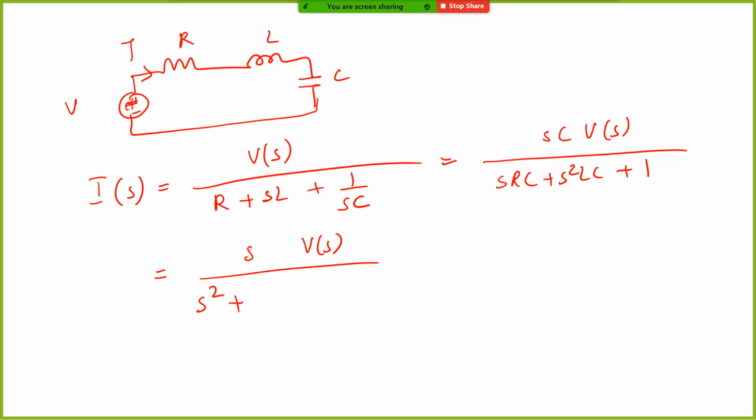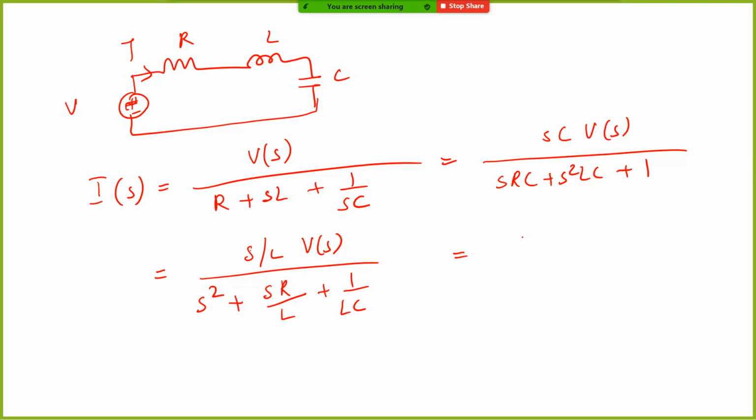I'm going to divide both numerator and denominator by LC. So this becomes S by L, and then we have S squared plus S times R by L plus 1 by LC.